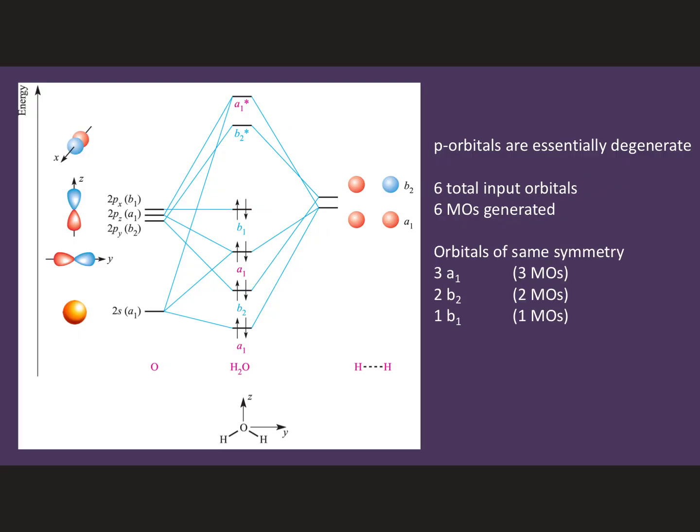Now, only orbitals of the same symmetry can combine, so this is where things are going to get a little bit weird. Notice, over here in my hydrogen, I have an A1. Over here, I have an A1. And over here, I have an A1. So in other words, I start with 3 orbitals of A1 symmetry. I have to get out 3 molecular orbitals of A1 symmetry.